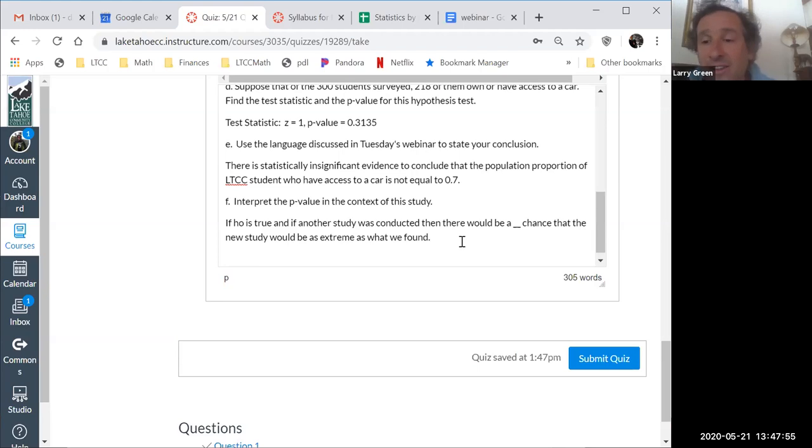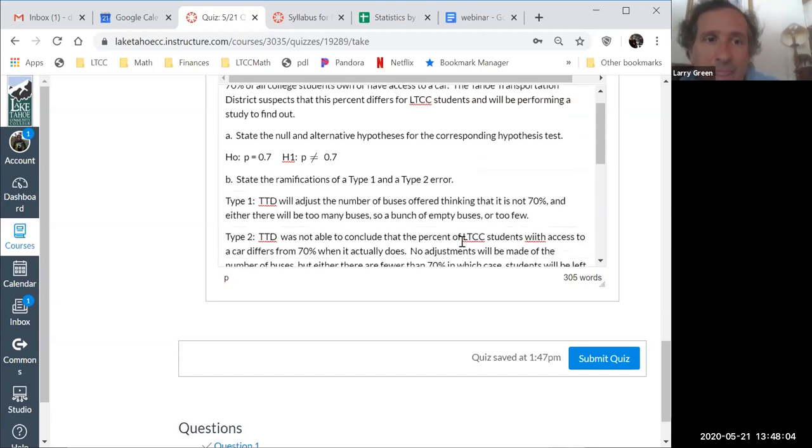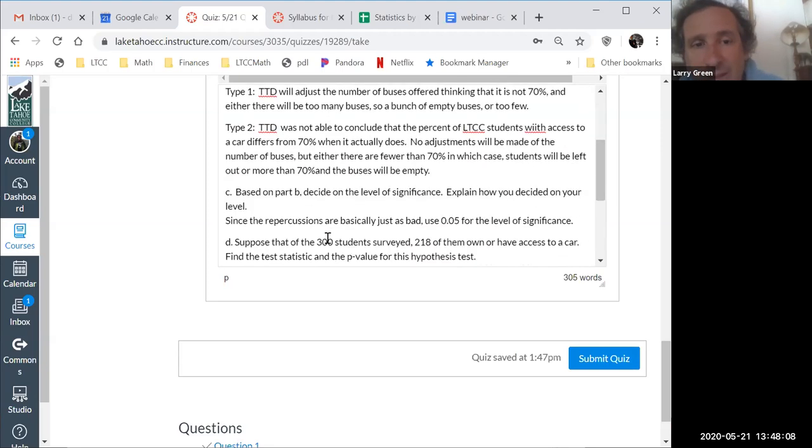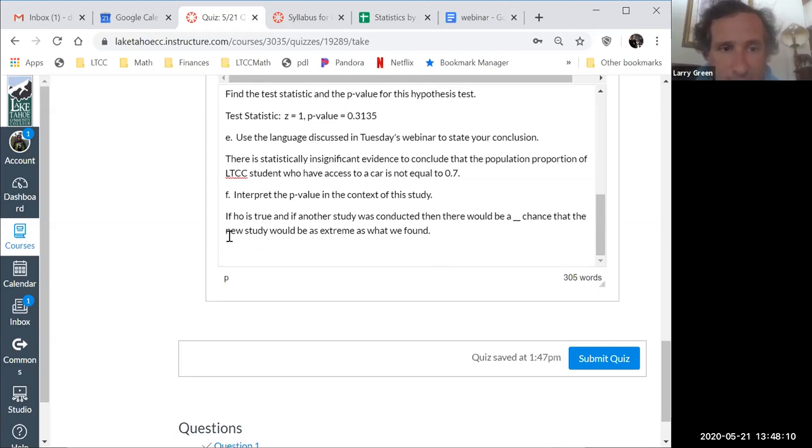Now let's turn this into our particular study. So if H naught is true, go down and look at H naught. H naught is P is 0.7. So that means if 70% of all LTCC students have access to a car.